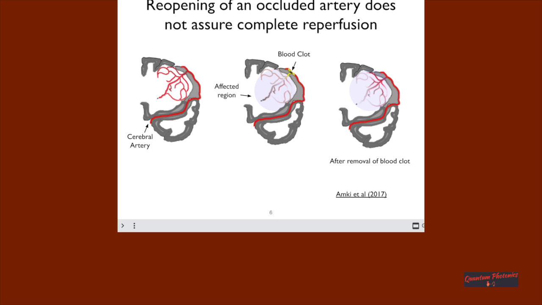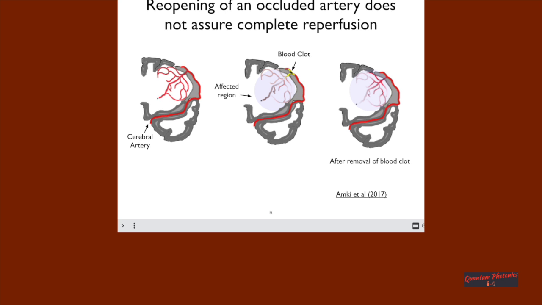The blood clot is shown by the yellow and black region in the middle schematic, where the blood clot is actually directly blocking the blood flow through this pink shaded region, and the last schematic shows that even after removal of the blood clot, the blood flow in this pink shaded region does not go back to normal.